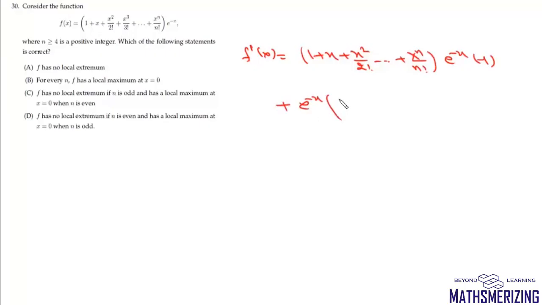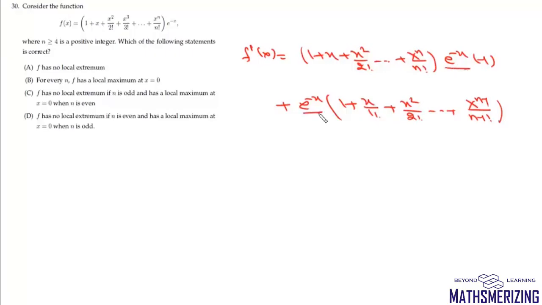Now question number 30: we are given this function and we need to find whether it has any local extremum. So we'll find f dash x. f dash x will be 1 plus x square upon factorial 2 plus up to x to the power n upon factorial n, times e to the power minus x into minus 1, and then plus e to the power minus x times the derivative of the bracket. Differentiating, we get 1 plus 2x upon factorial 2, so x upon factorial 1, plus 3x square upon factorial 3, so x square upon factorial 2, up to x to the power n minus 1 upon n minus 1 factorial.